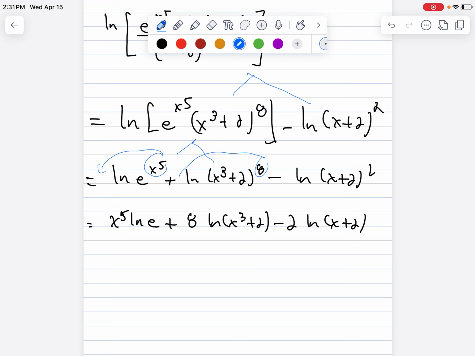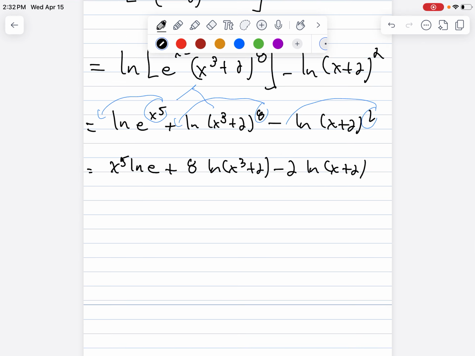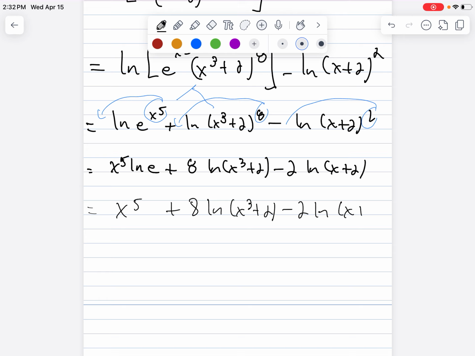The 8 comes down in front here. And the 2 comes down in front. And last but not least, ln of e itself is just 1, so I'm going to replace it with just 1. So you get x to the 5th plus 8 ln of x cubed plus 2 minus 2 ln of x plus 2. And that right there is just the function itself.